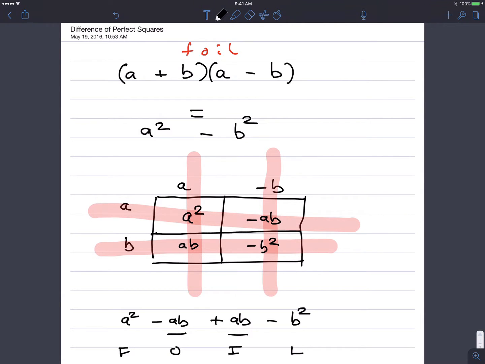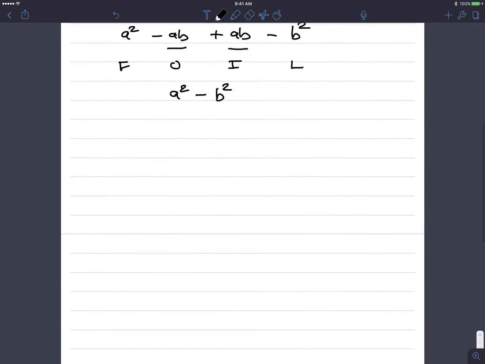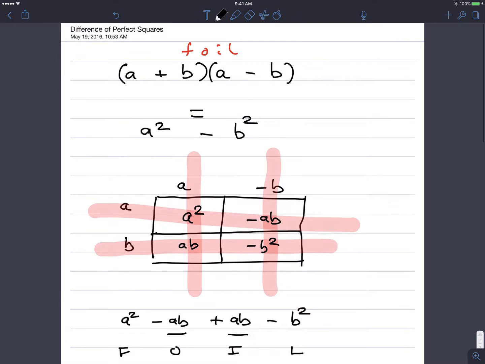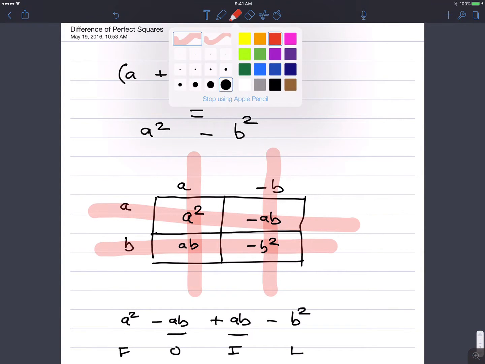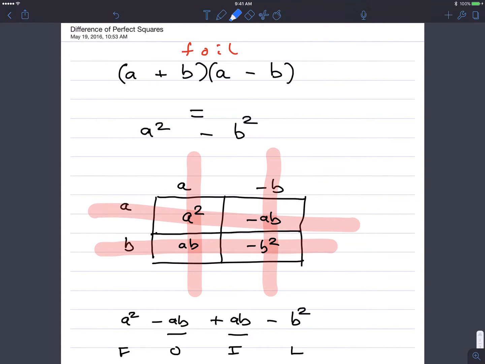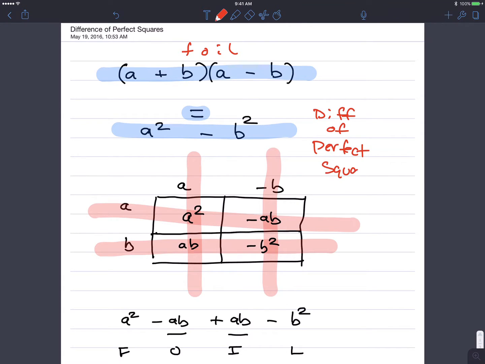Now what that does for us is the following. Remember, factoring here. Let's go back to these statements. This product is equivalent to this difference. And the bottom is known as the difference of perfect squares.